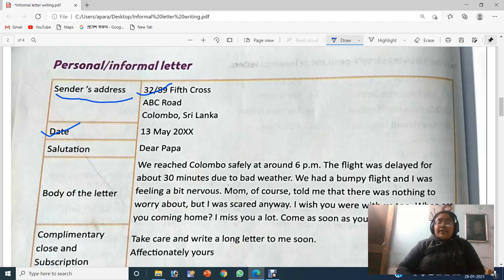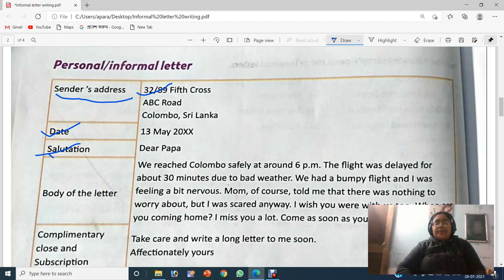Then comes salutation. Just see a tick here and you will understand that salutation. What is salutation? Salutation is when we address the recipient of our letter. Here in the example, who is the recipient of the letter?